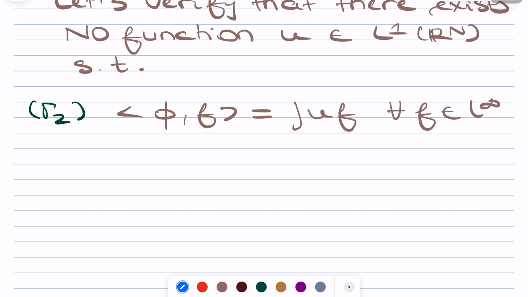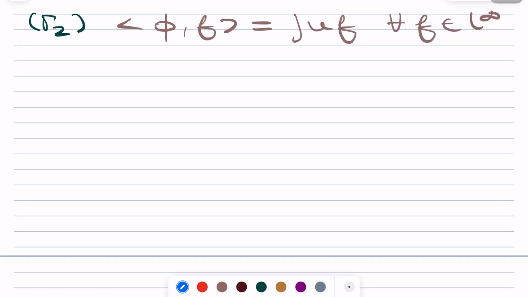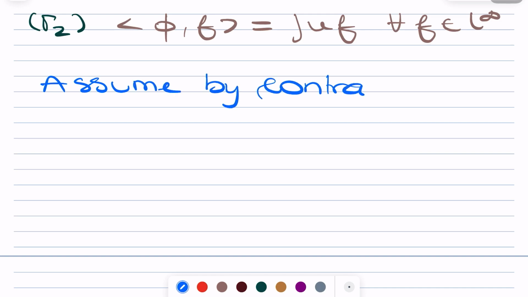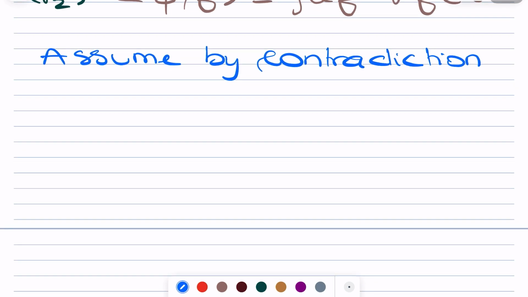Okay, assume by contradiction that such a function u exists.